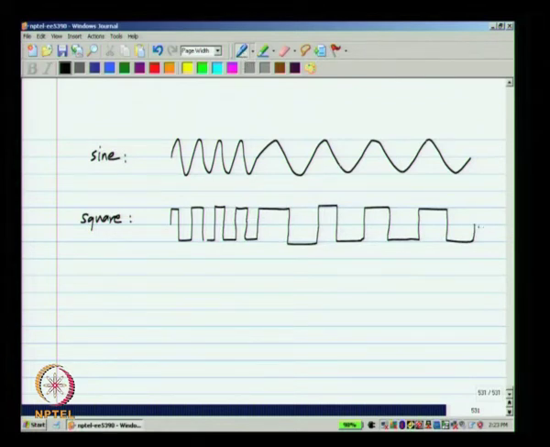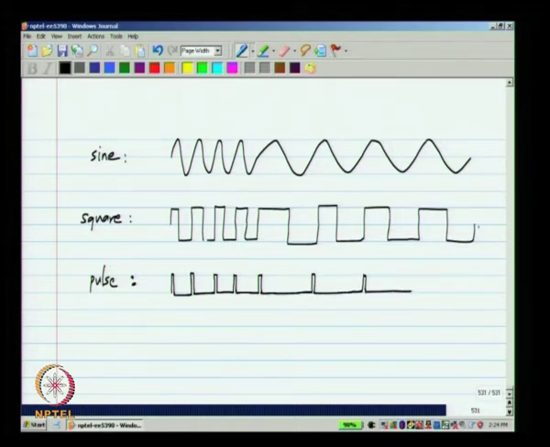Or I could have a pulse train whose frequency again varies in a similar fashion. It shifts from a higher frequency to a lower frequency.